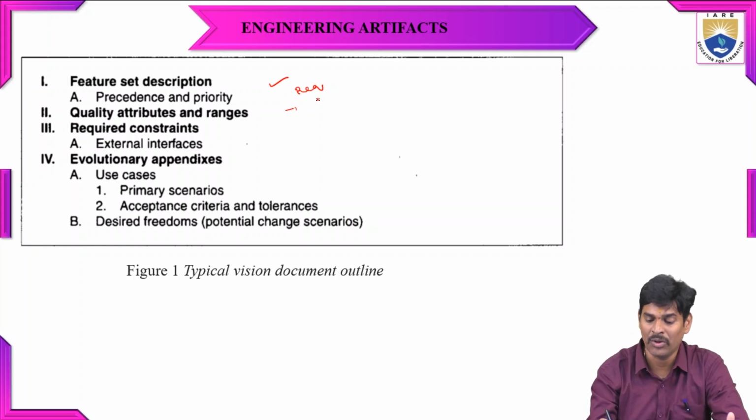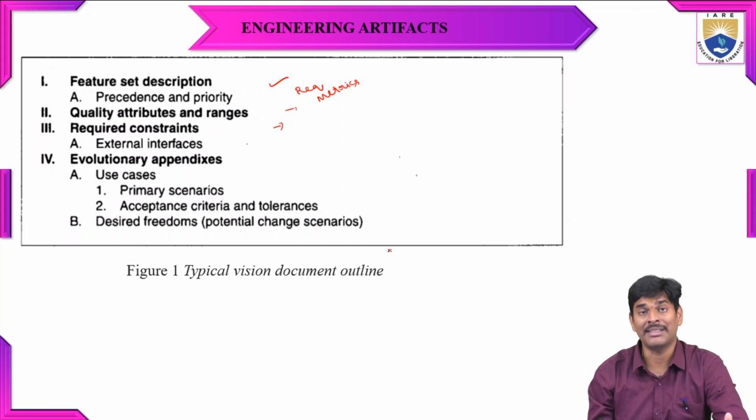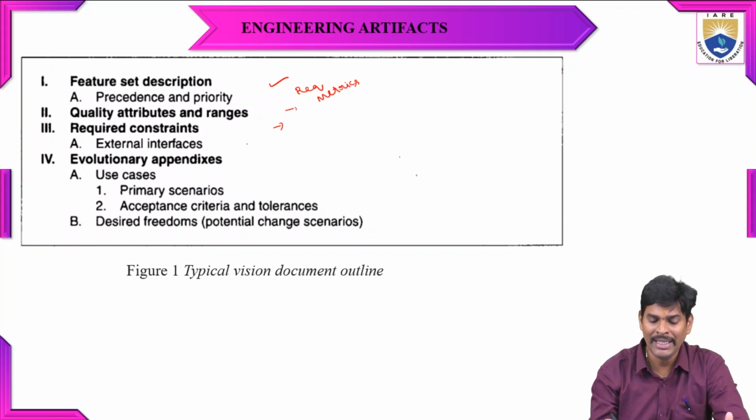They need to check the different types of metrics for each and every project. And they need to take the different types of constraints, whether the constraints are internal or external interfaces. Based upon that, they need to check what main constraints are applicable for that particular project. And the next one is evolutionary appendices.